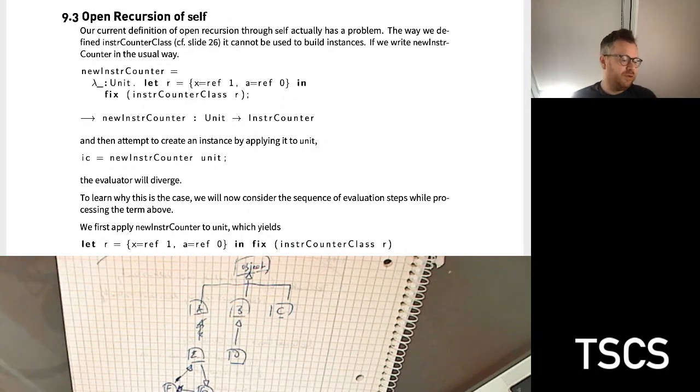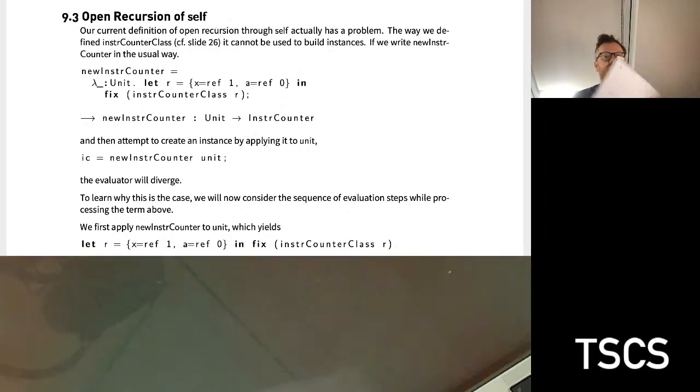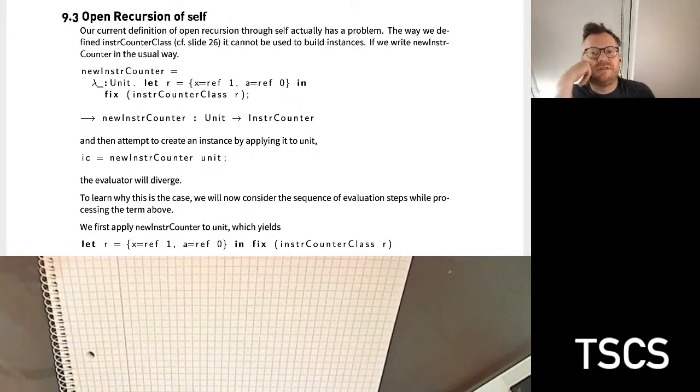The way we defined the instrumented counter class, it cannot be used to build instances. If you write new instrumented counter in the usual way, with the fix operator, and then attempt to create an instance by applying it to unit, the evaluator will diverge. Why this is the case, we will now learn. We consider the sequence of evaluation steps processing the term above, first applied to new instrumented counter unit, which yields the following.